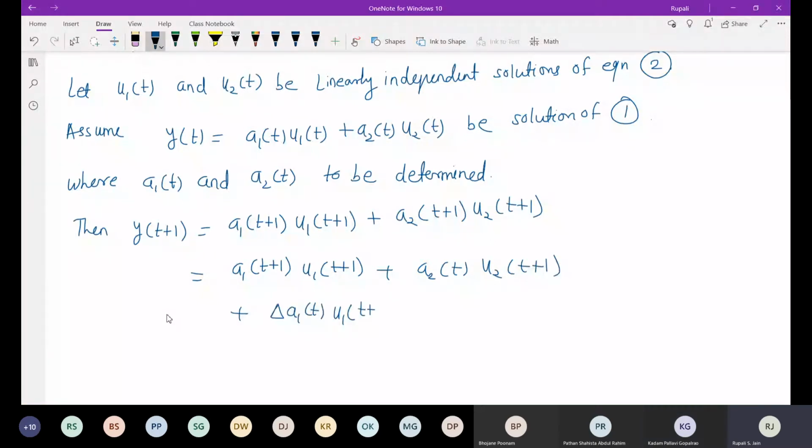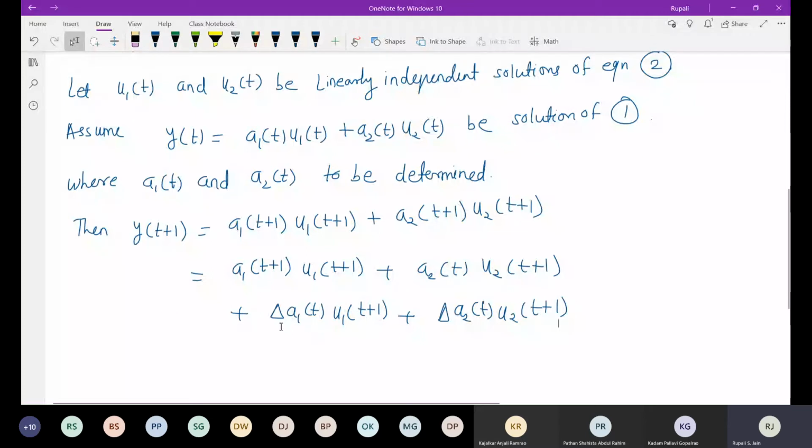Can I write like this? What I am doing here, I am adding and subtracting the terms.